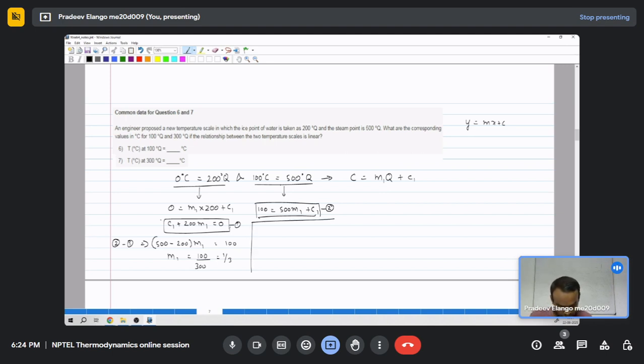And then we can find the value of C1, substituting this m1 in equation 1. We have C1 plus 200 by 3 is equal to 0. So C1 is equal to minus 200 by 3.